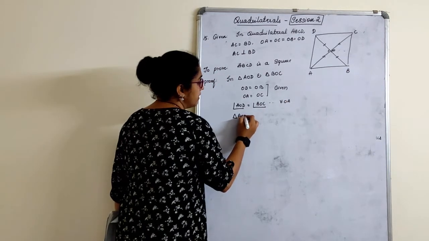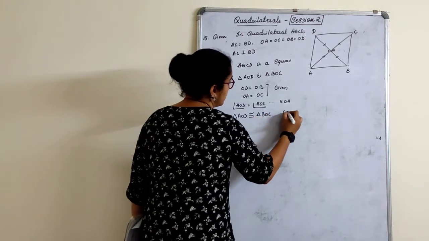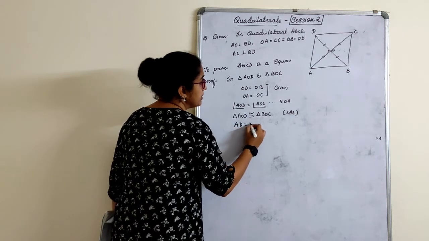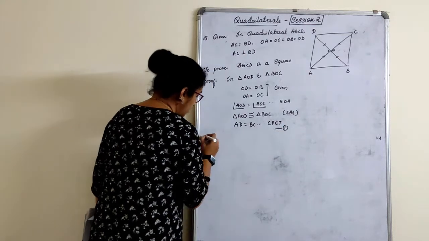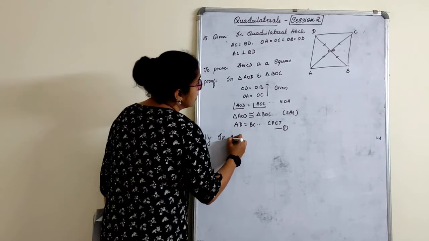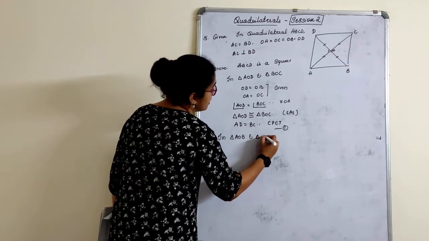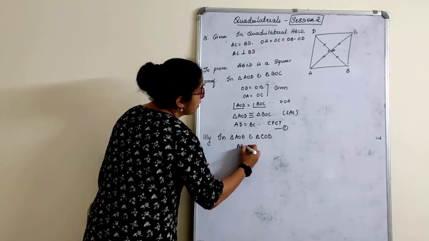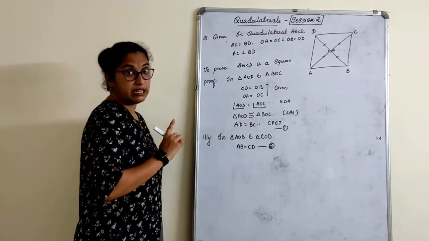Therefore, triangle AOD is congruent to triangle BOC by SAS congruence rule. Therefore, AD is equal to BC, CPCT. Equation 1. Similarly, in triangle AOB and triangle COD, I can tell that AB is equal to CD. Equation 2. That is what we had done previously.